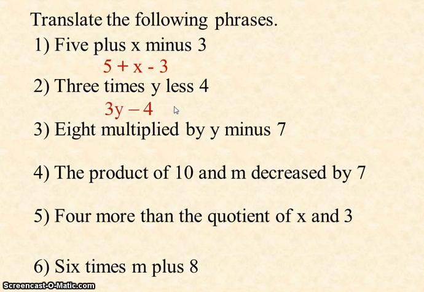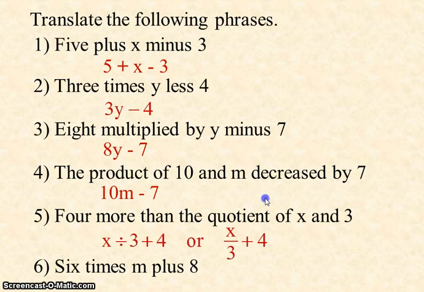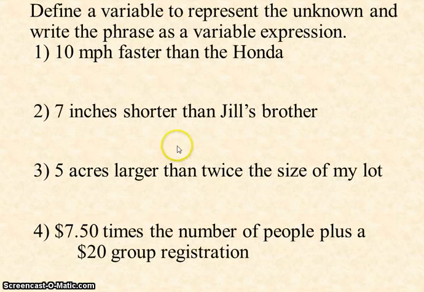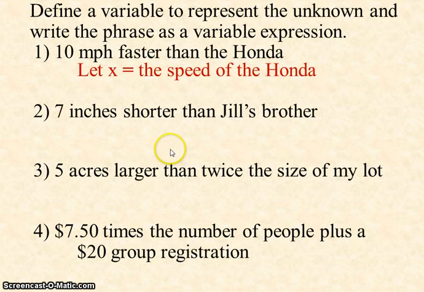So 3y minus 4. 8 multiplied by y minus 7. So I would say 8y subtract 7. Okay, product of 10 and m, so that means just 10m. Decrease means subtract 7. So 10m minus 7. Okay, and so on and so on. Last page here.